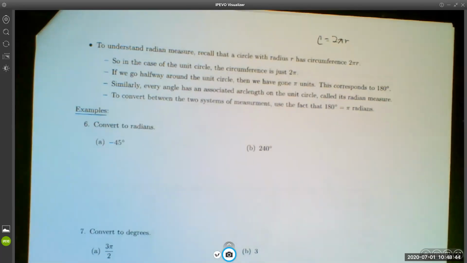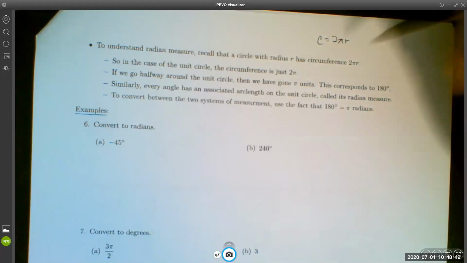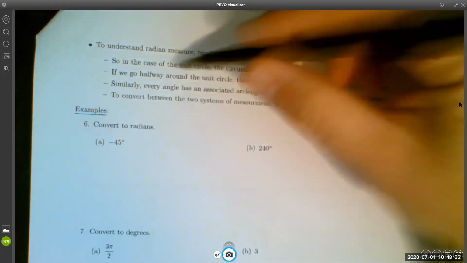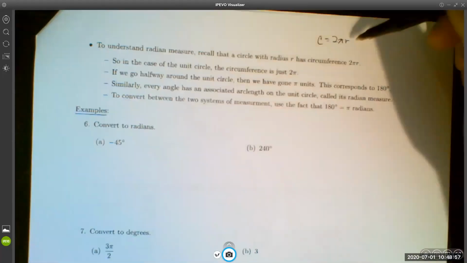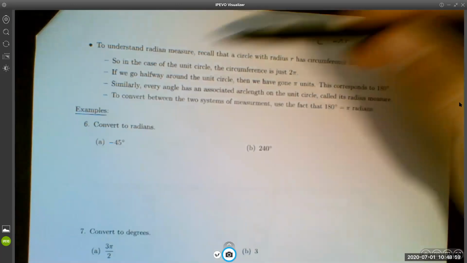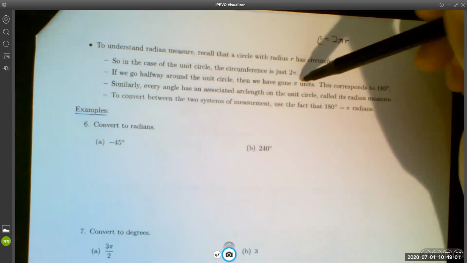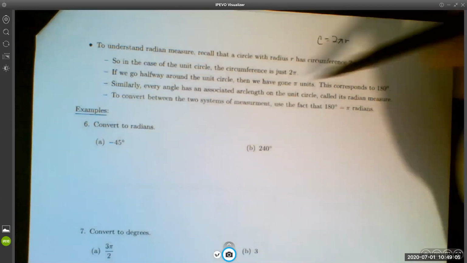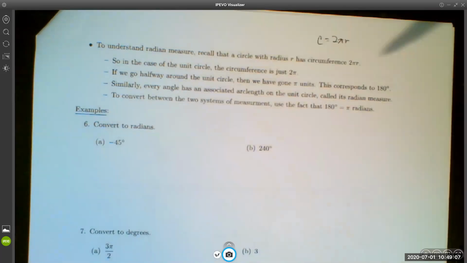Now, in the case of the unit circle, the circumference is just going to be 2 pi, because on the unit circle, r equals 1. That's around the entire circumference of the circle. If we only go halfway around the circle, then we've gone pi units. Obviously, that corresponds to 180 degrees. So pi radians is equal to 180 degrees.